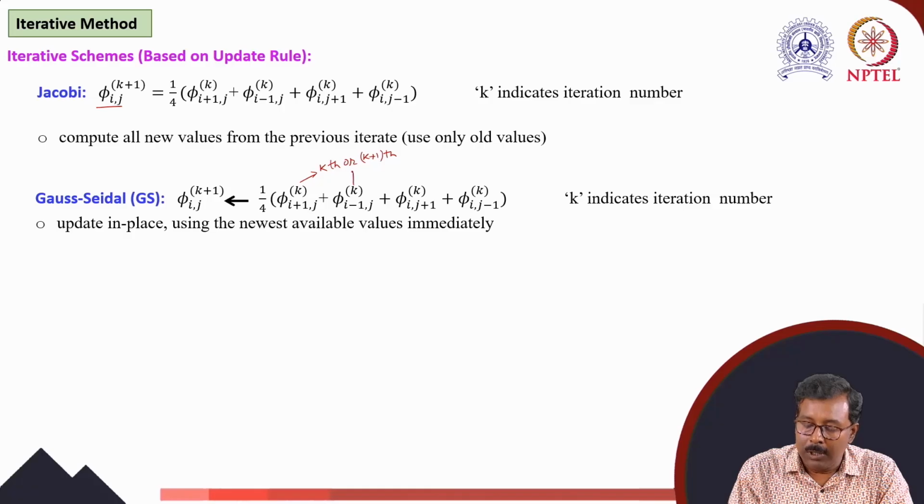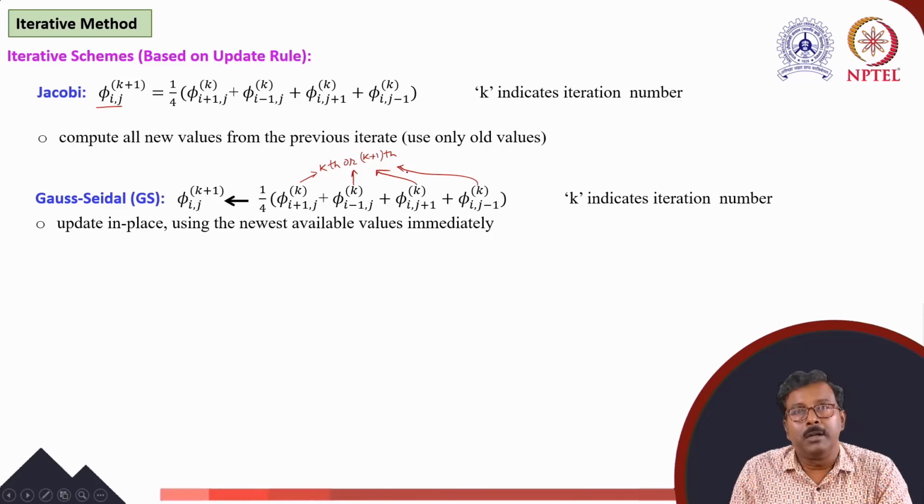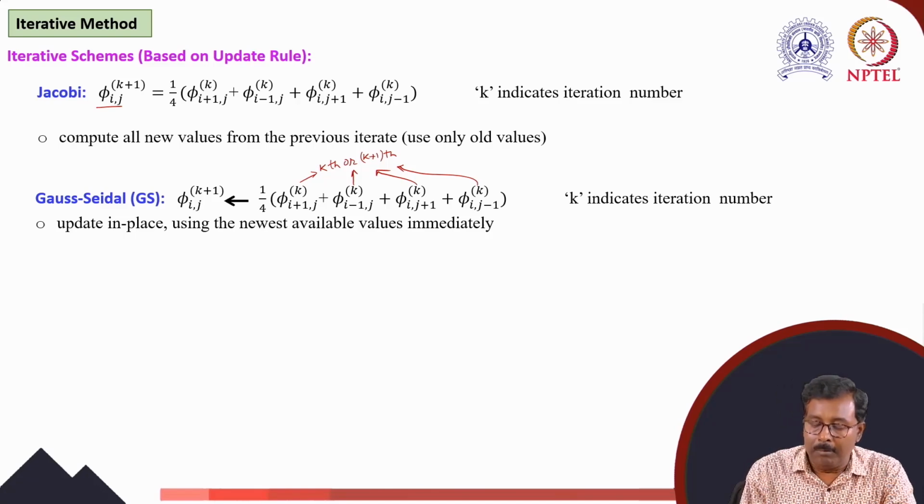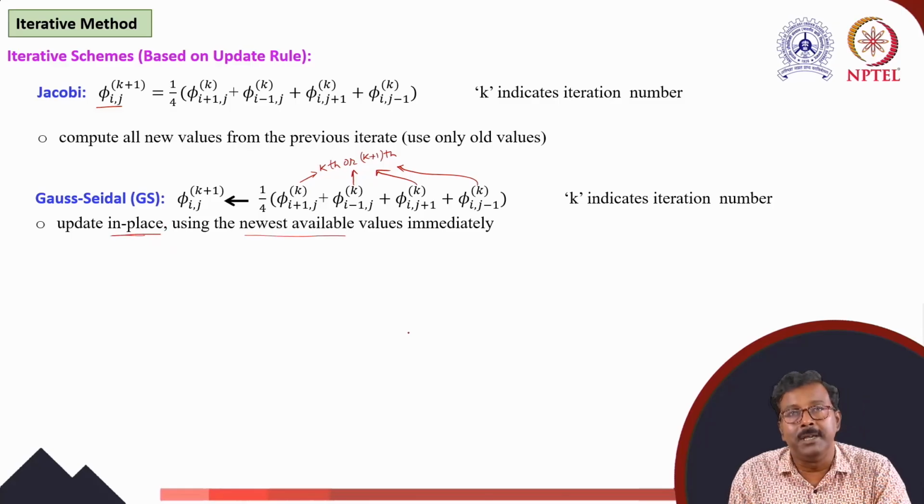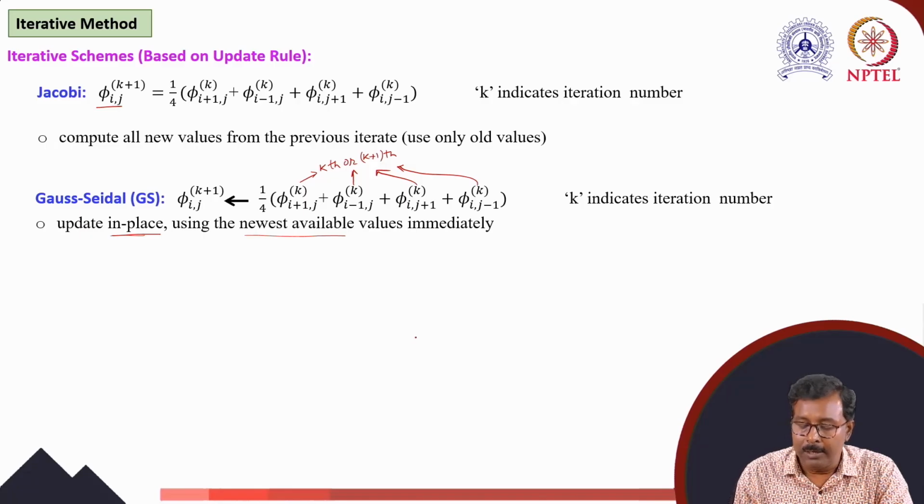Similarly here also, this may be kth, or this also. This is one additional feature of the Gauss-Seidel method: update in place, that is, using the newest available values immediately. That is very important.